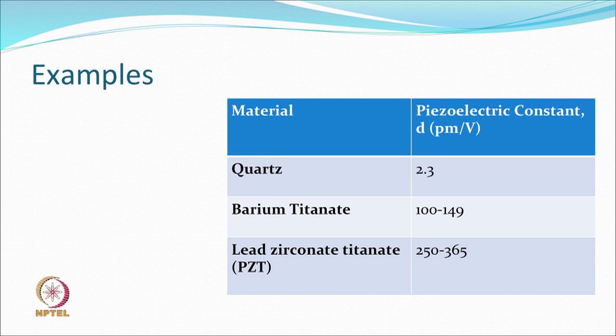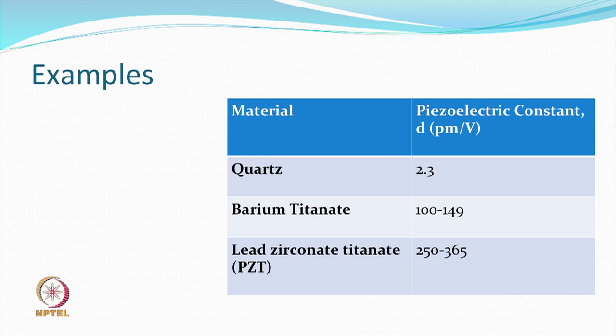So, some of the examples are quartz, barium titanate, lead zirconate titanate, which is also known as PZT, a very interesting material. And the property is that when you change 1 volt, how much dimensional change you may get.